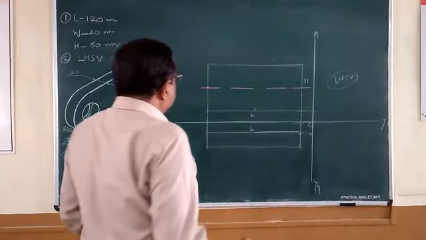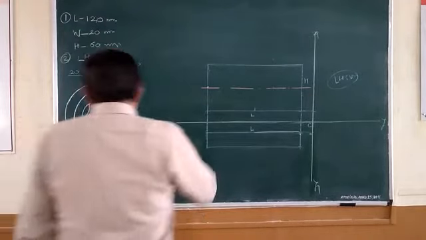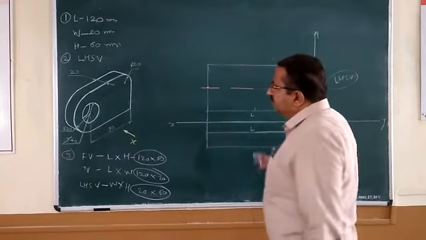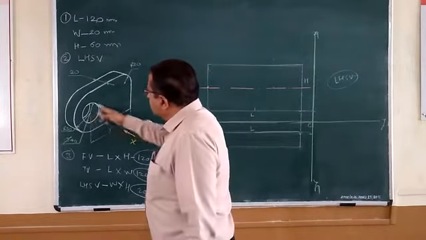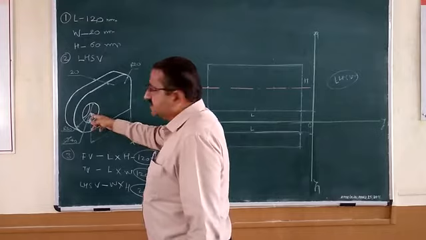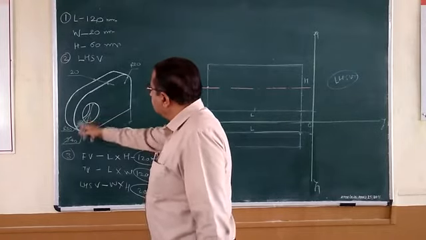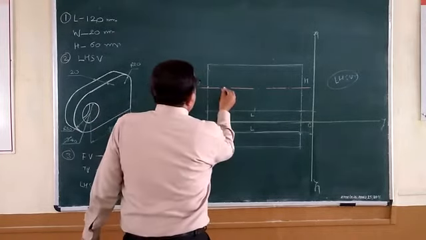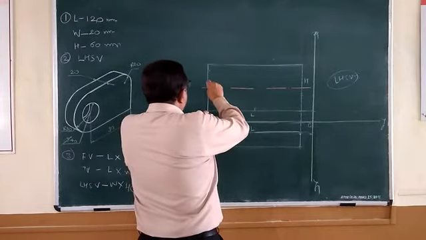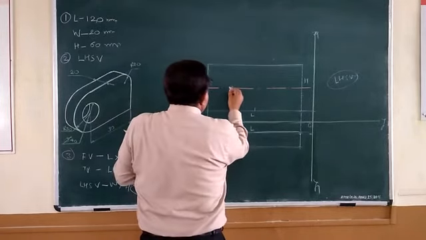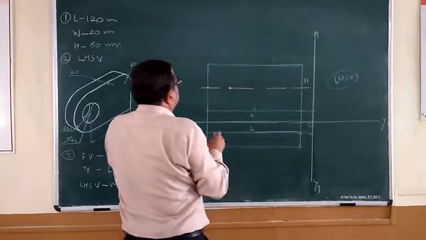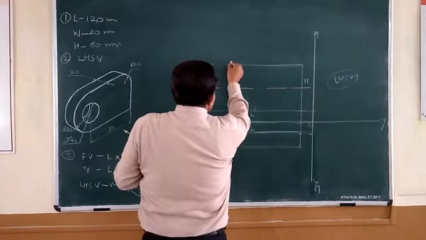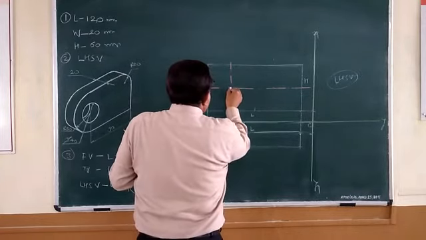So we should locate the center lines first of all. In the front view, that line of symmetry we have shown. Similarly, for this semicircle, the center is also required. It is at a distance of 30 mm from the left extreme. So locate that 30 mm distance from the left extreme. The vertical center line will run through that point in this way.